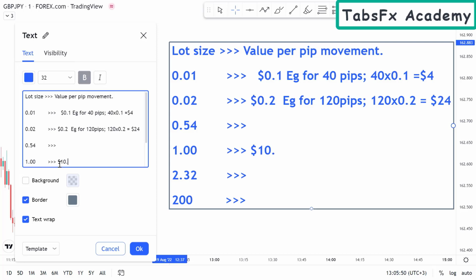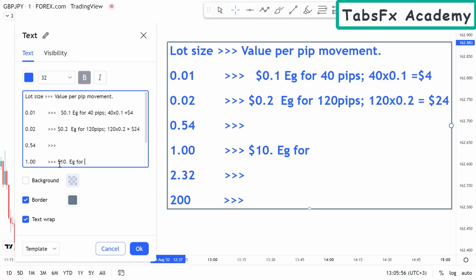That is for only one pip. But now, assuming that it has moved through, for example, let's say 56 pips, how much do you expect to get? Yes, you get 56 times $10, and this will give you $560. That's what you get for only 56 pips.